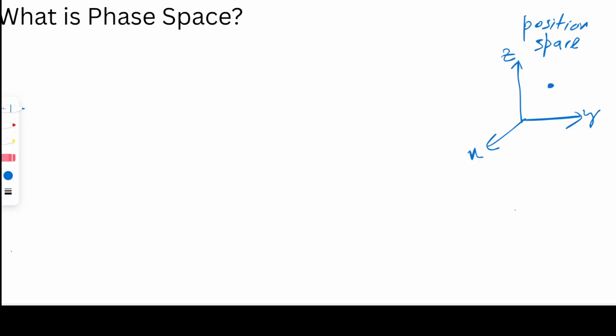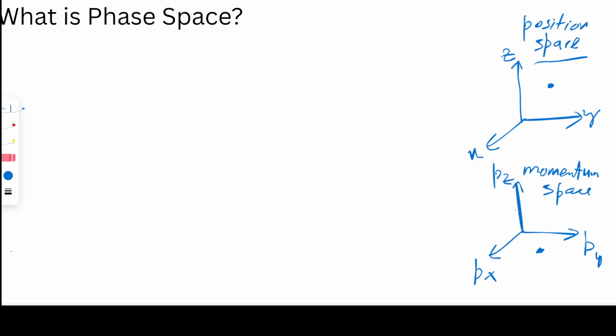I'm assuming that we have a single particle that we are talking about. And similarly, we can have a momentum space where we represent the momentum of a particle using the three-dimensional coordinate system. So a point here would tell us how the particle is moving. So position space tells us where the particle is, and the momentum space tells us how the particle is moving.